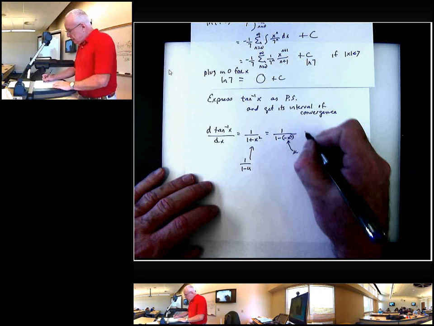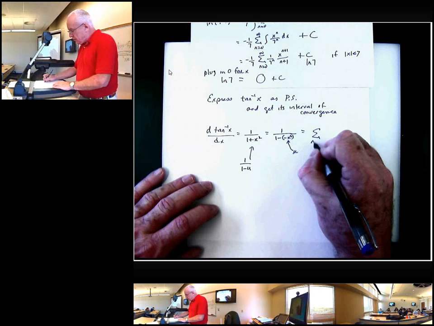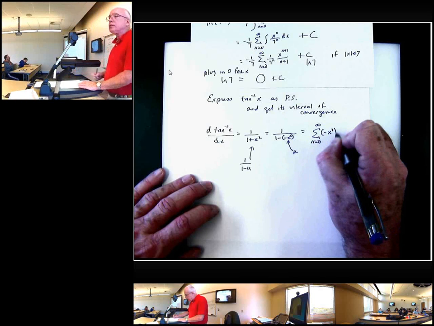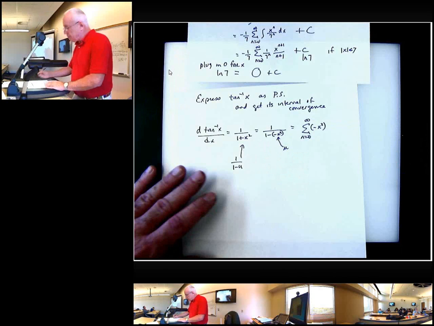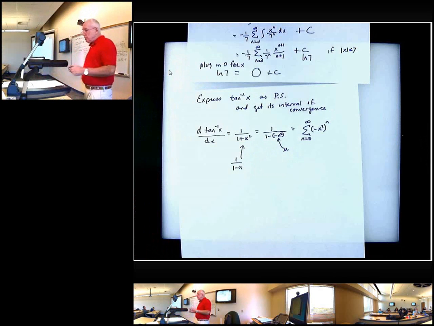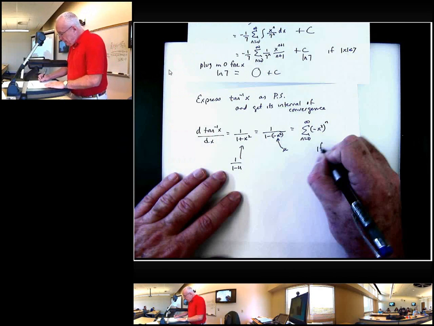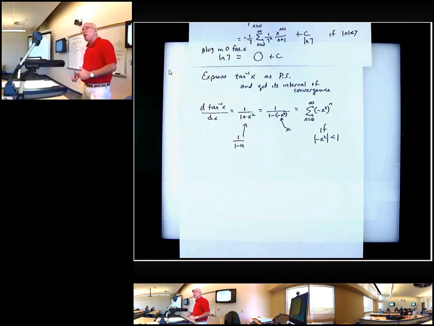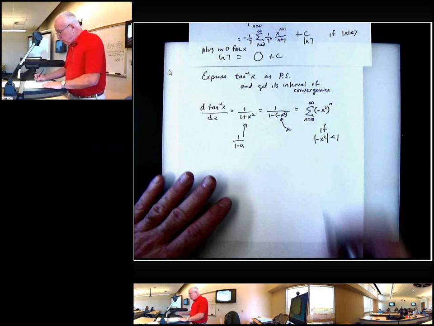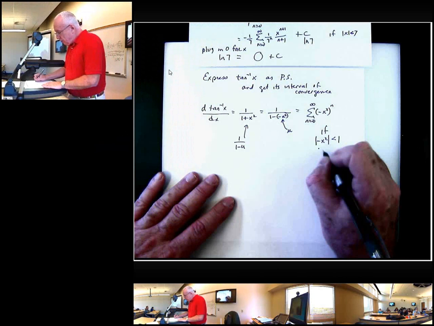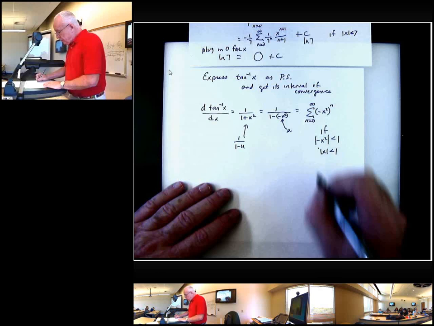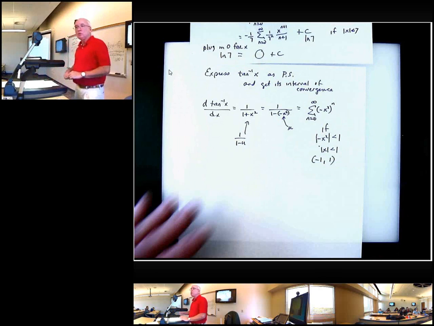So this then can be my power series, n equals 0 to infinity, in parentheses, the minus x squared raised to the nth power. And this is going to be good if the absolute value of minus x squared is strictly less than 1, and that's going to hold if the absolute value of x itself is less than 1, or in other words, x is squeezed between minus 1 and 1.